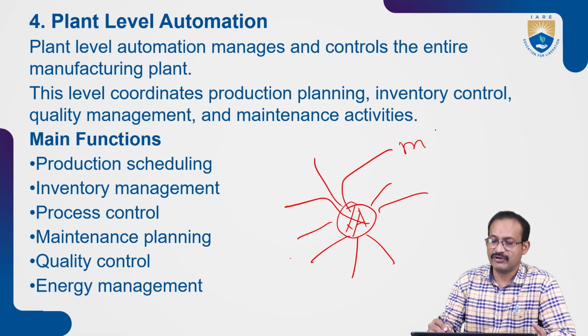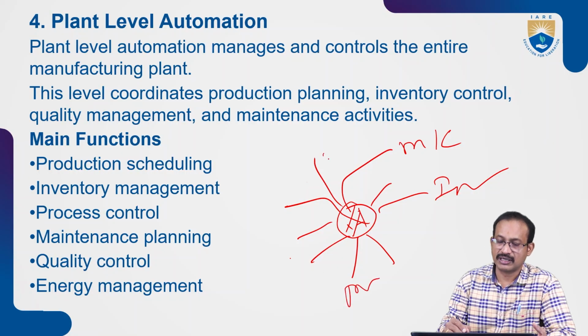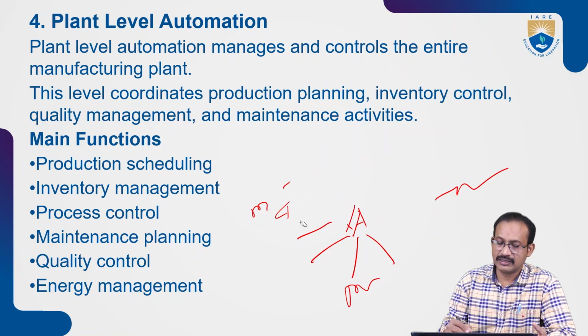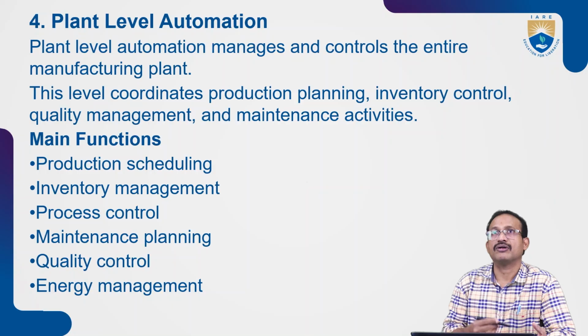Somewhere machines, somewhere inventory systems, process control systems, some automatic transfer lines, and material handling systems. So many systems are under one common database integrated to this entire plant. The production scheduling is also included in plant level automation.